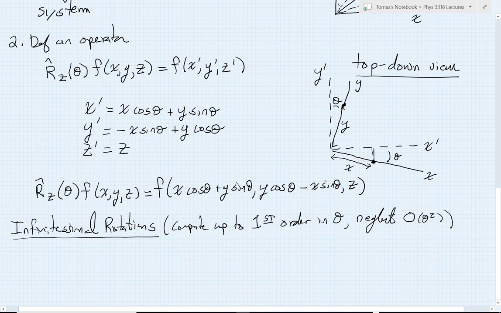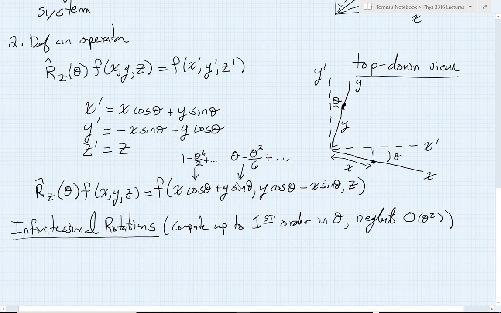Now, if I do that, you can begin to see what will happen to my function. Because the cosine function, cosine of theta, if I power series expand it, is 1 minus theta squared on 2 plus dot, dot, dot. The sine function is theta in the small angle approximation, but there are higher order terms, theta cubed on 3 factorial, which would be 6, plus higher order terms.